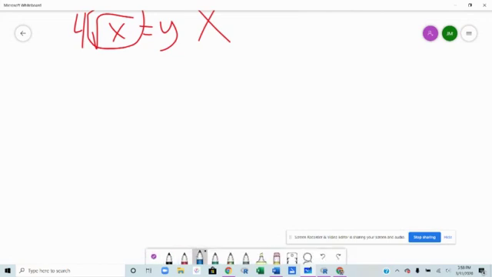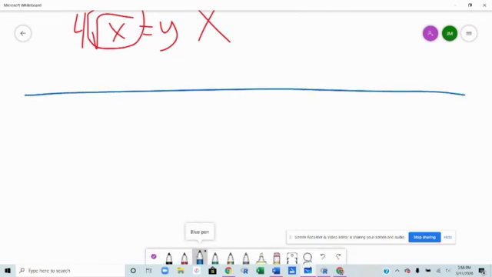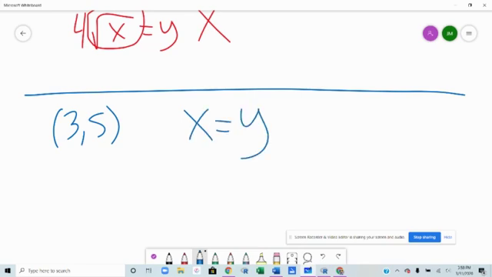Now, at this point, we're going to move on and talk about the second IXL. The second IXL gives you a coordinate point, and then it asks you if it makes the equation true. So it might give you something like 3, 5, and ask if that is true for the equation x equals y.